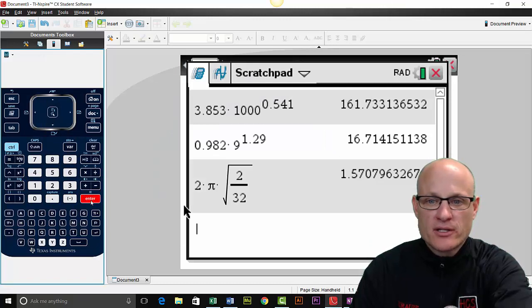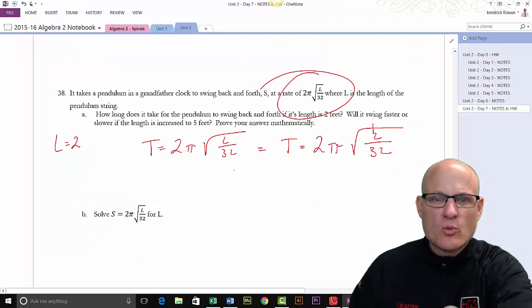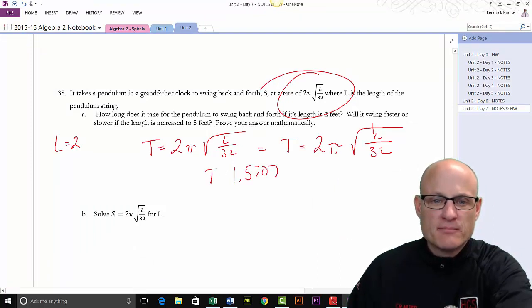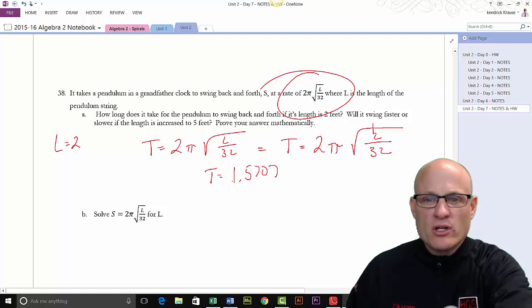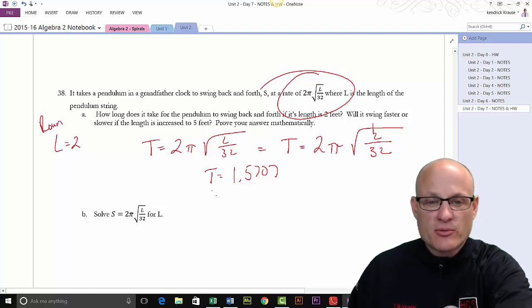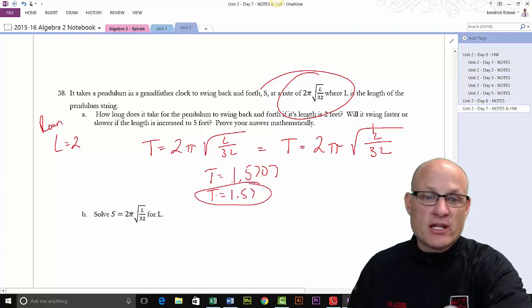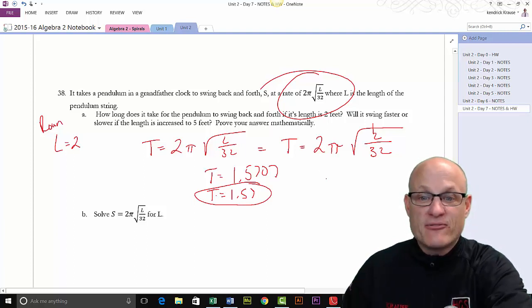That gives 1.5707. 1.5707 is the time. I've got to round here too, so let's round to the hundredths place. So t equals 1.57. Will it swing faster or slower if the length is increased to 5 feet?